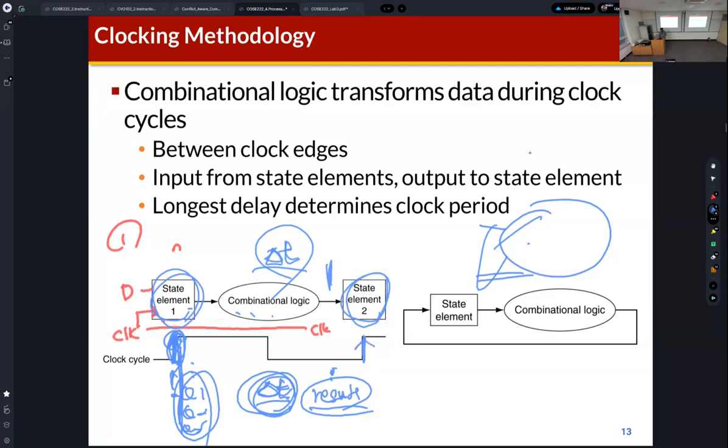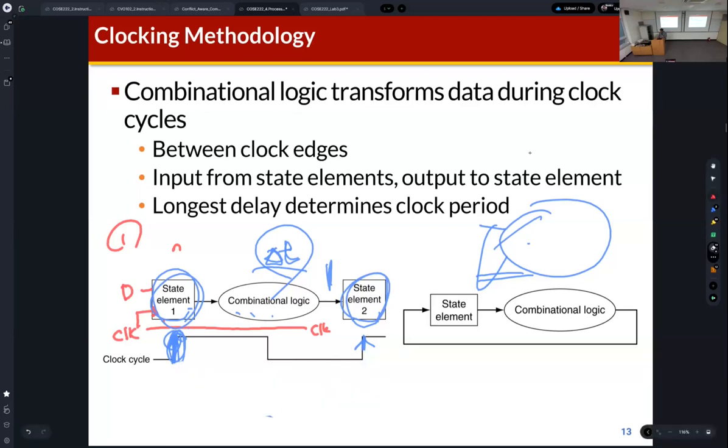So actually, the clock period. We need to set the clock period, right, when we build a digital system. The input is synchronized. The input will stabilize at this point, and after some delta T, the output will be generated.